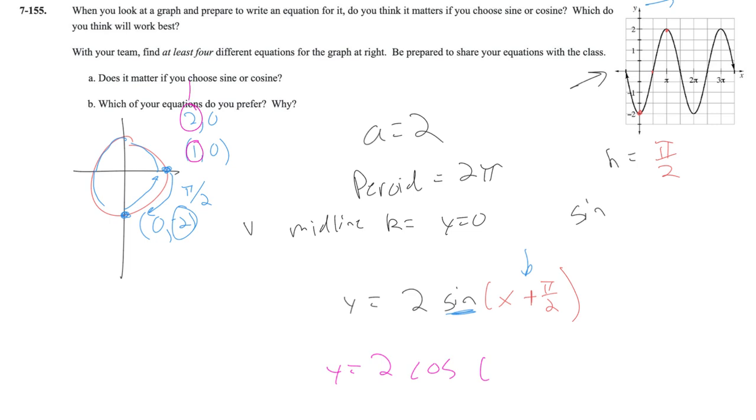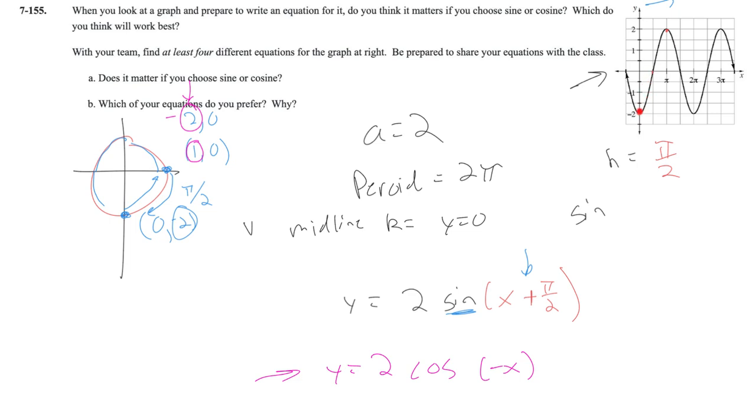I just need to think, oh, it was supposed to start at positive 2. Well, what if I started with the opposite of that? I could just make it the opposite of the cosine, and now it's going to invert that graph, and there we go. There's our second graph. So depending on which one you're going for, you can sometimes make your life easier by not having to worry about a horizontal shift.